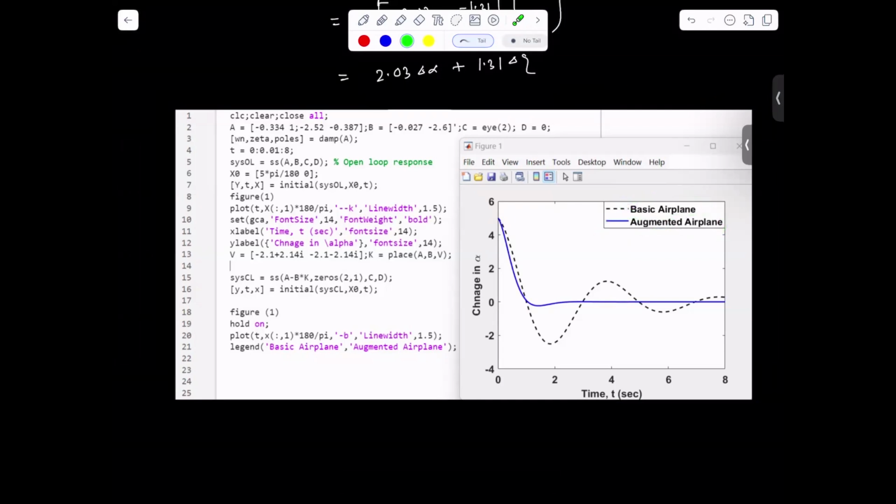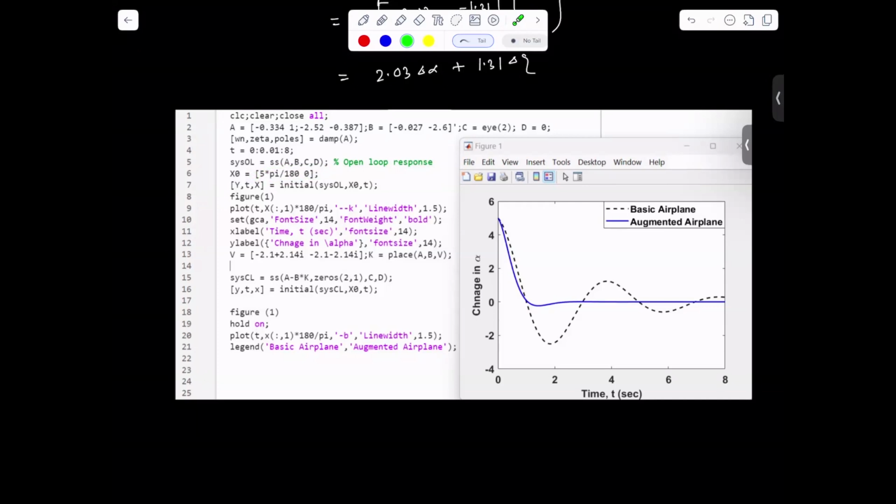So the system dynamics, the system matrix, is defined here, and we can find the damp of A, where we can find the omega, damping ratio and the poles. And we can find the system in state space form. And if you notice here carefully, we have set the initial conditions of the state as 5, basically 5 radian and 0.